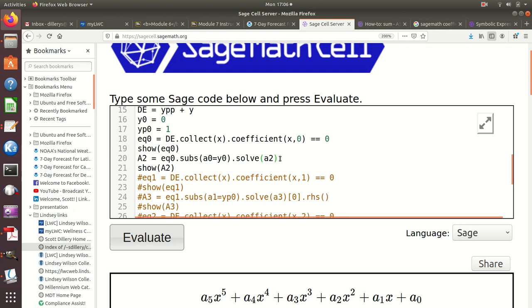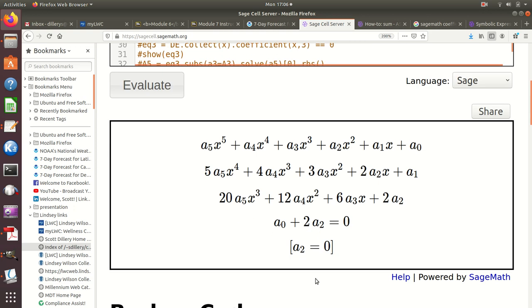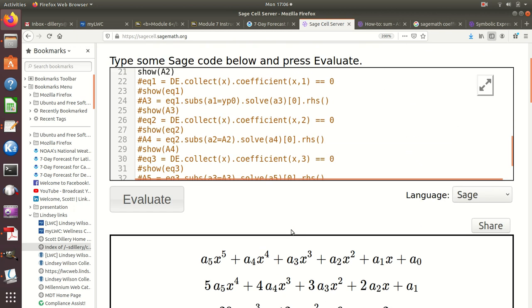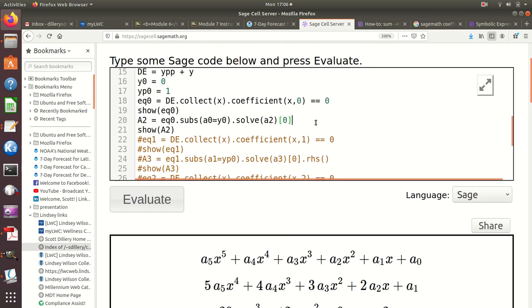And so that's what the square brackets around the 0 do, is it says, okay, I've got a list down here. It's a very short list, a list of length 1, and I want that first term. But again, lists start with the 0 term and then go from there.